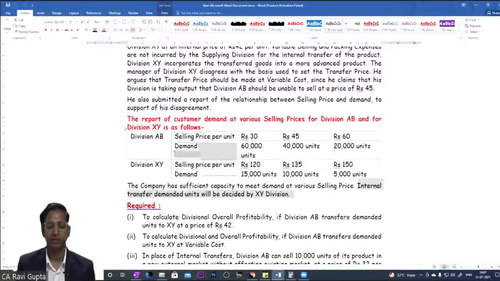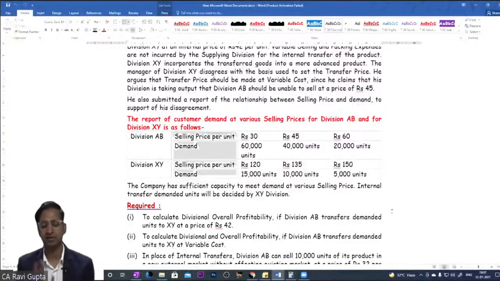Required: you need to calculate the divisional overall profitability, division wise as well as overall profitability. If division AB transfers demanded units to XY at a price of rupees 42. See, in the first part, it is very clear. They are not fighting.